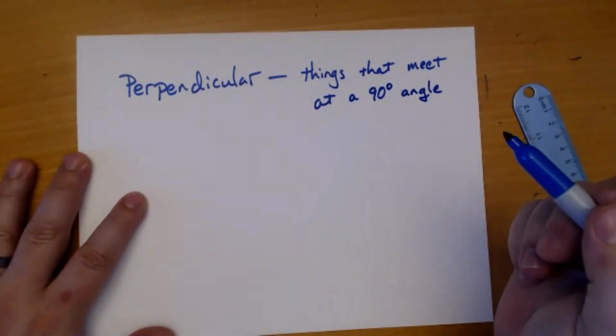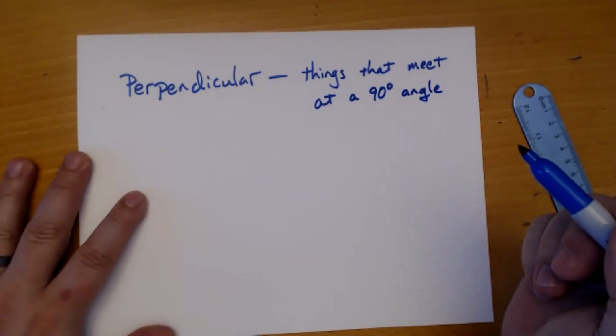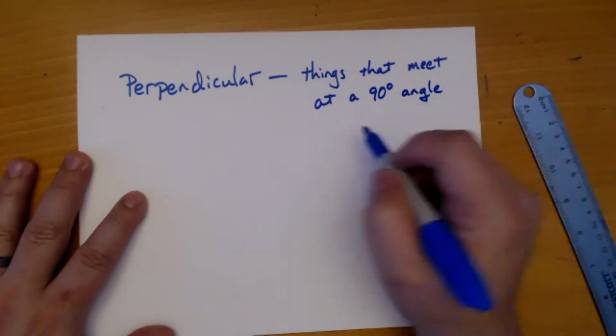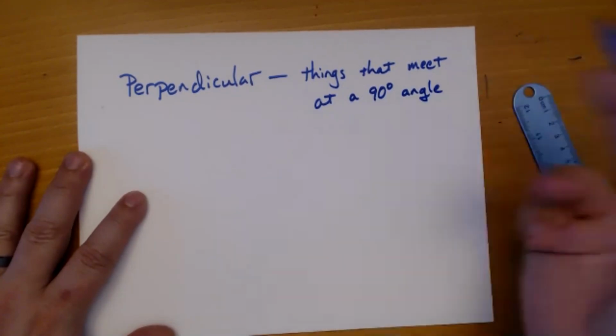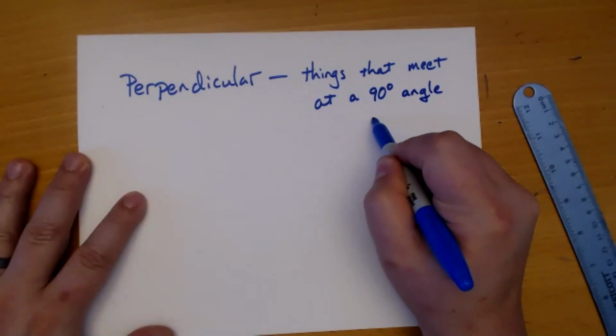What's another name for a 90-degree angle? A right angle, yeah. If it was in a triangle, then it would be a right triangle. But this is also known as a right angle.